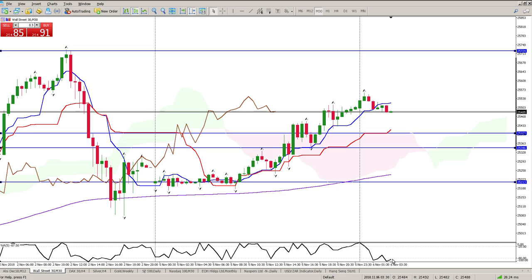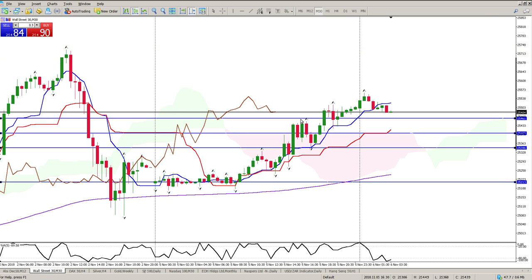So I think what you need to do is just wait for the European Open, and you're more than likely going to find yourself a long entry off the cloud on the half hour. So any one of these two levels here: 25,346 or 25,400.